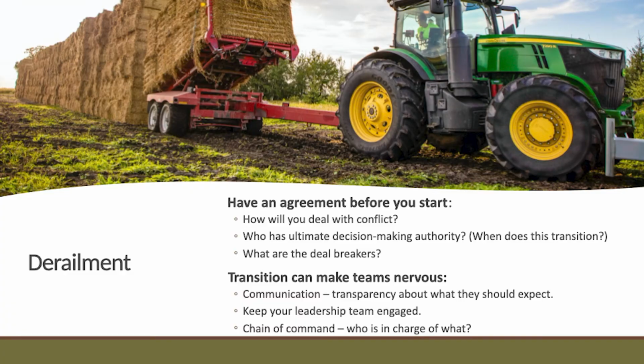And then of course, you want to be keeping those deal breakers front and center, because it's one thing to say you've got a deal breaker at the very beginning of a transaction when everybody likes each other and everybody's excited and the future is very compelling. Your deal breakers might change as you start working together.